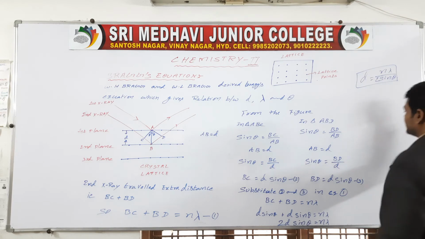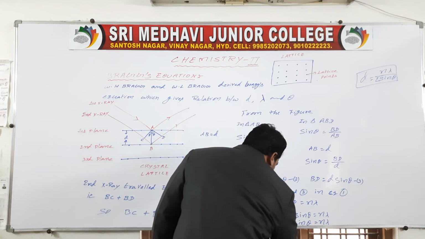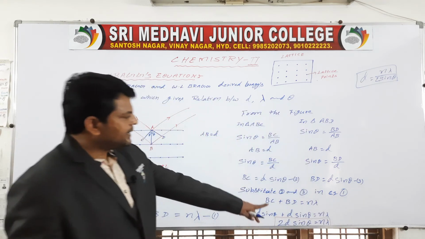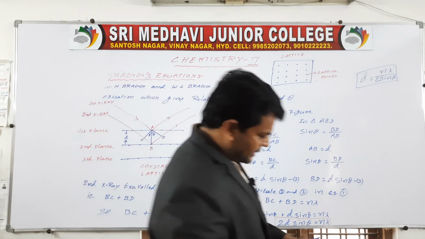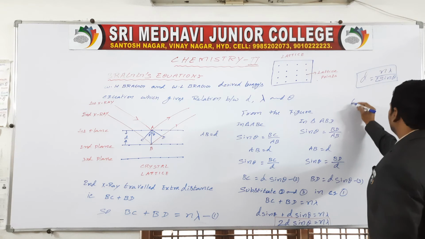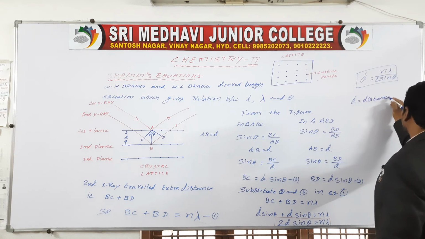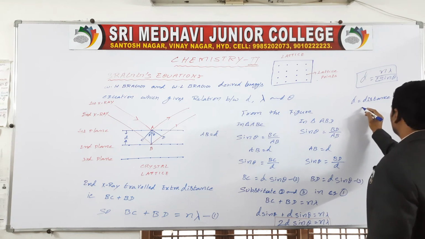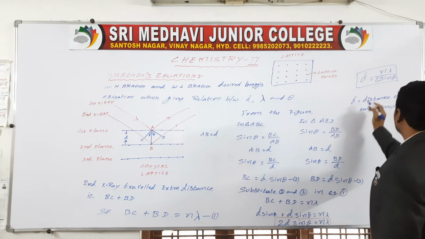This is Bragg's equation. It is Bragg's: 2d sin theta equals n lambda. So d equals n lambda by 2 sin theta. Here you have to know what d is. D equals the distance between the two planes.